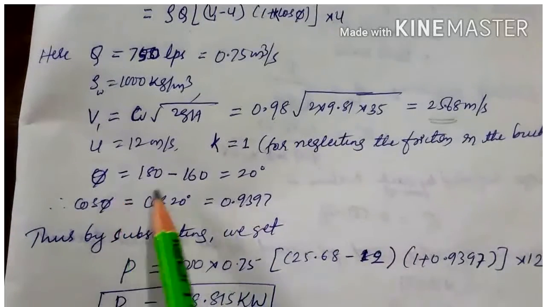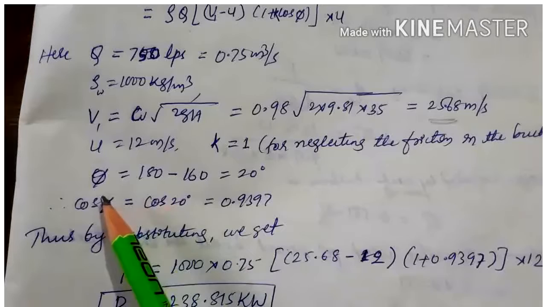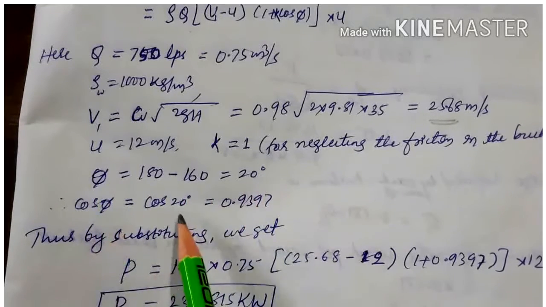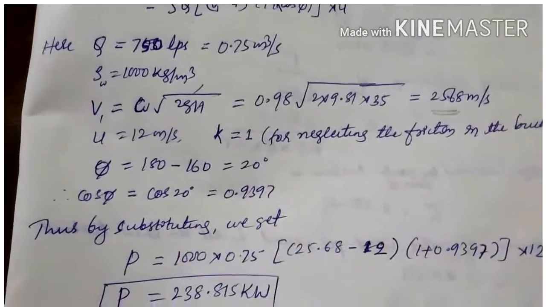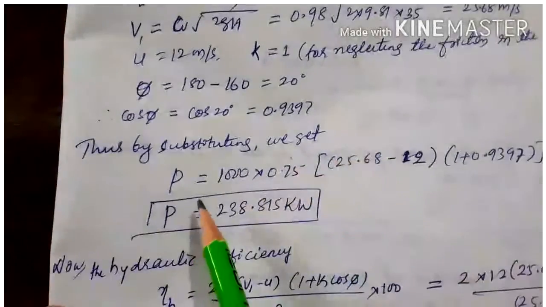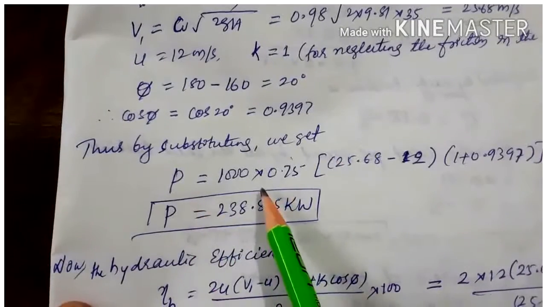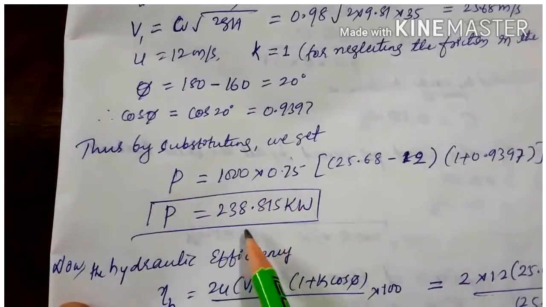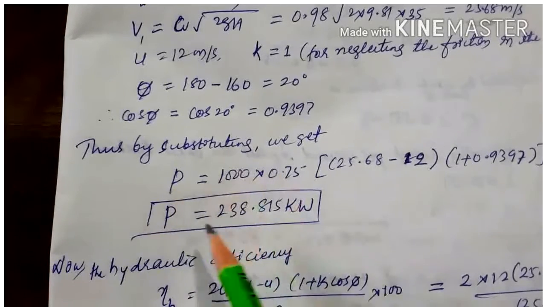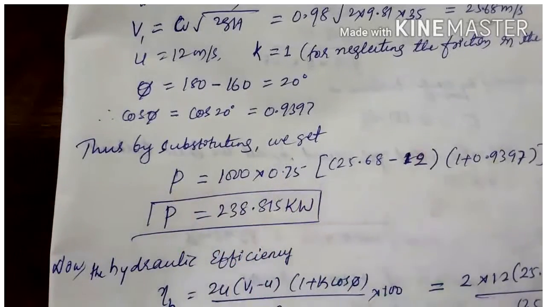The angle of deflection is given as 160. Then the angle of vane at exit will be 180 minus 160, that is 20 degree. Then cos phi becomes 0.9397. Thus, by substituting, we get P equal to 1000 into 0.75, directly we get 238.815 kilowatt. So this problem is solved without drawing the velocity triangle.